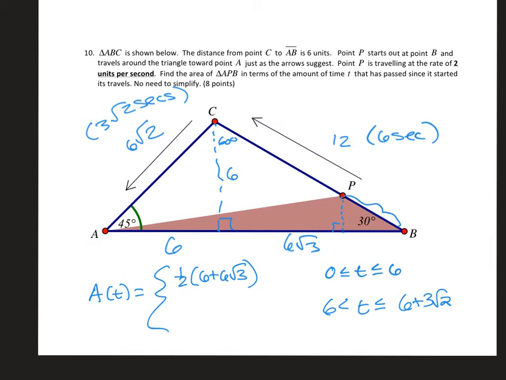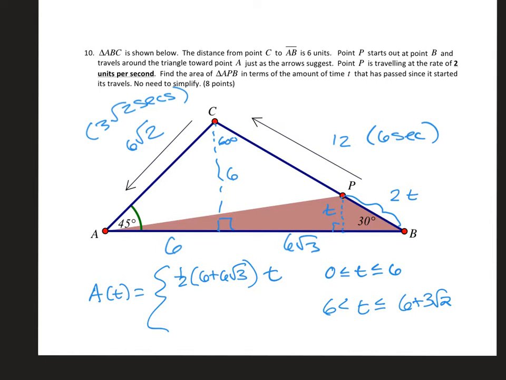Well, it's rate, which is 2, times time, which we're just going to say is t. So that's how that distance is changing, which means if I want to find the height, given I'm in this 30, 60, 90 triangle, opposite the 30-degree angle, it's just going to be 2t divided by 2, or t. So in this first formula, the area is simply 1/2 base times the height of t.